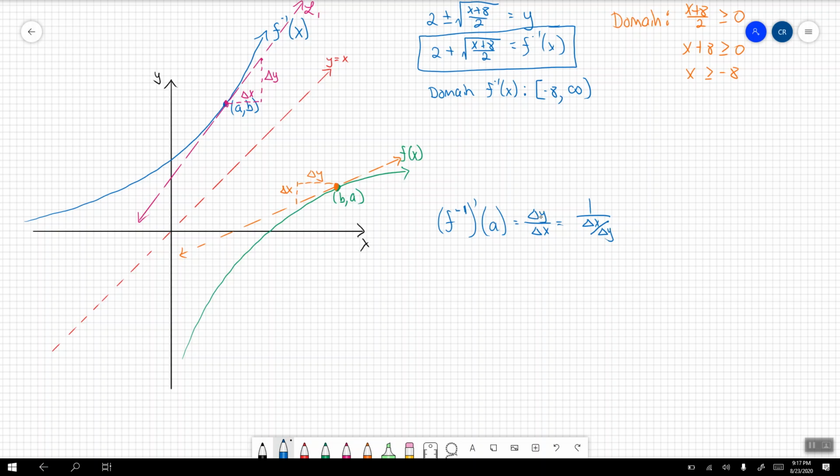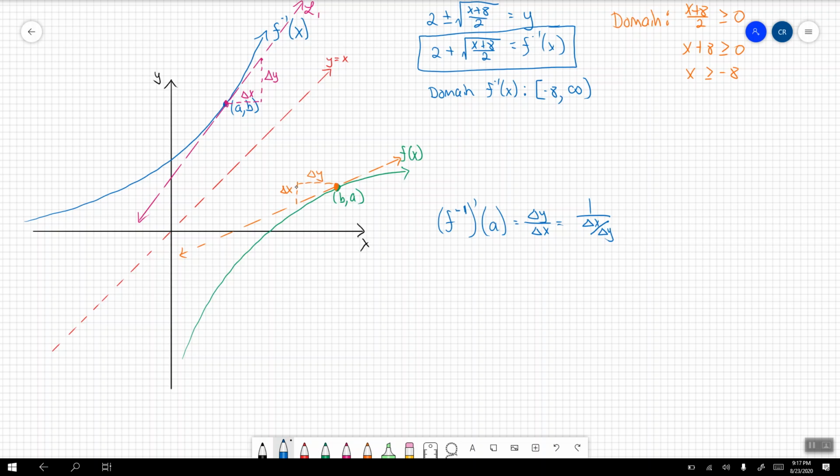If we divide the numerator and denominator by delta y, I arrive at 1 divided by delta x divided by delta y. That's really neat, because now I can focus on this. Well, what is delta x over delta y?